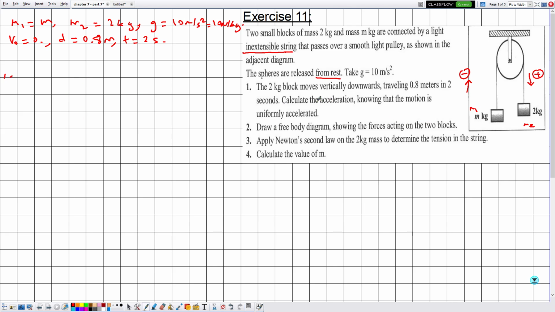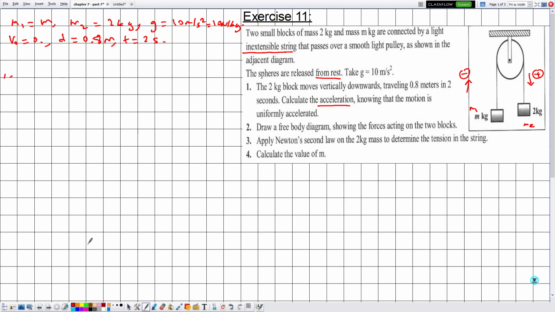So now we need to determine the acceleration. For example, the acceleration can be determined using Newton's second law, but also it can be determined by studying the type of motion. So let's determine the acceleration by studying the type of motion, which is uniformly accelerated.